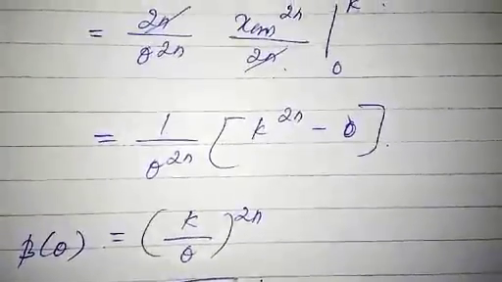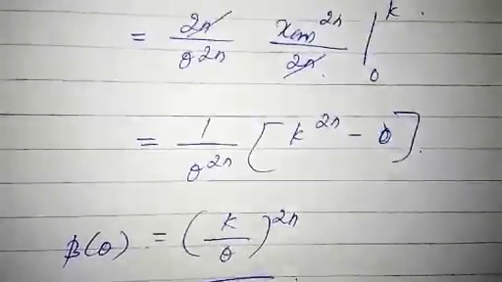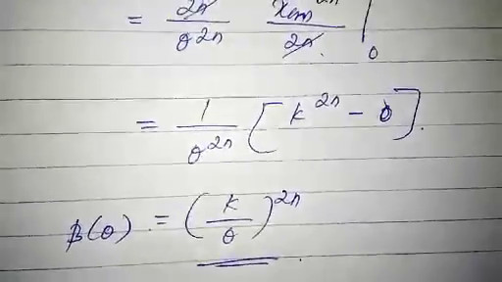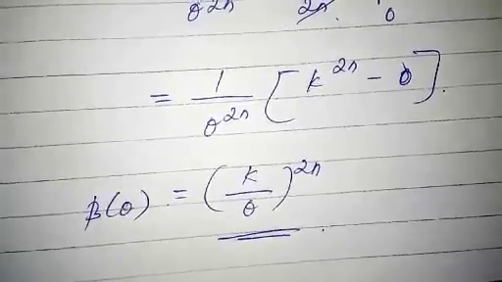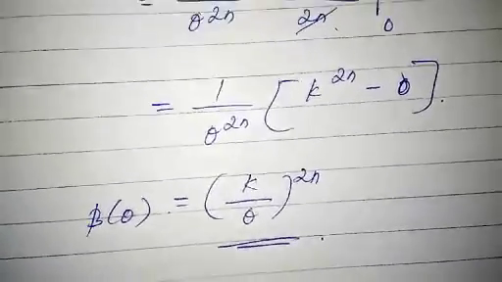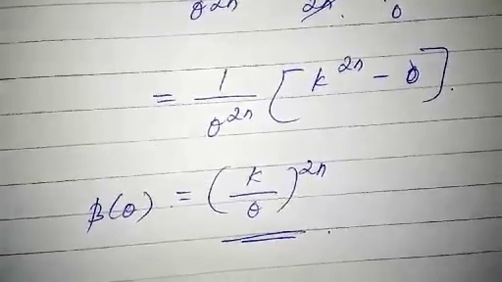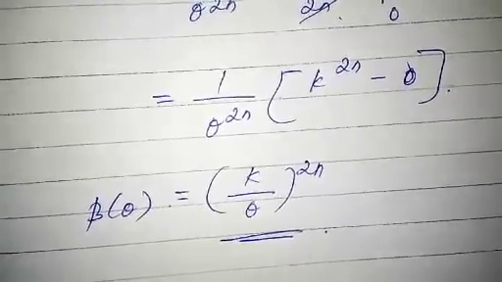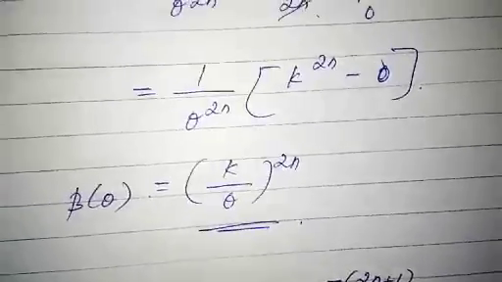What is the differentiation of this term? k power 2n minus 2n into theta power minus 2n plus 1, right?